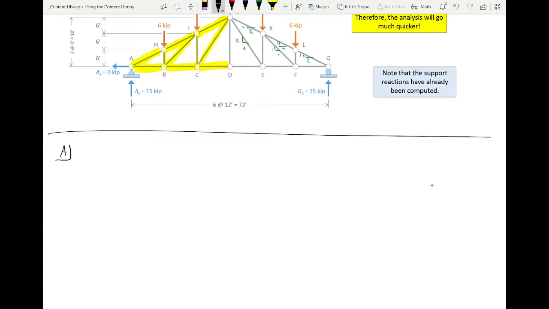Start off with joint A. There's the joint. There's that. Call this AB. What is it? AH. And 1, 2.